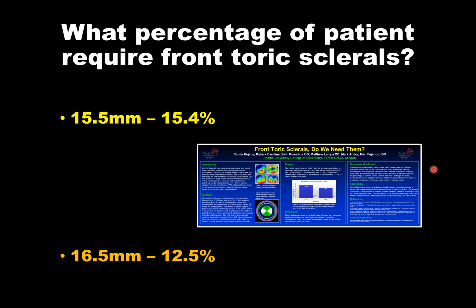We have lenticular or residual cyl induced by the lens. So don't be surprised that a good percentage, maybe 10 to 15% of your scleral patients, may require a correction of the residual astigmatism.